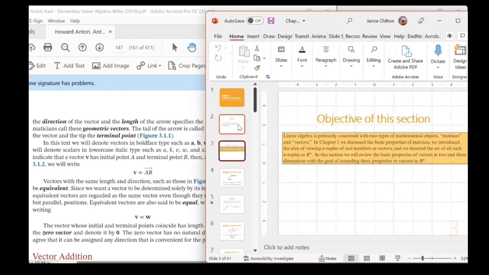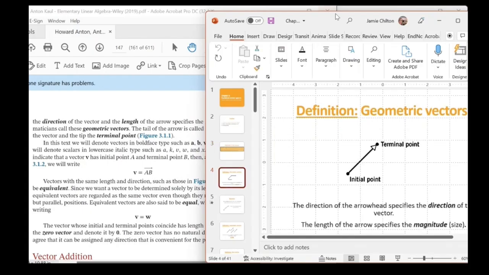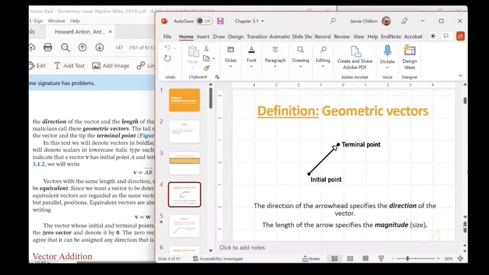So starting off very simply, we're not going to cover everything in chapter 3, but we'll get through quite a bit of it. Some things to note: if you're not familiar with vectors, many of you know already, but if you haven't dealt with them before, we associate them with having a magnitude or size as well as a direction.